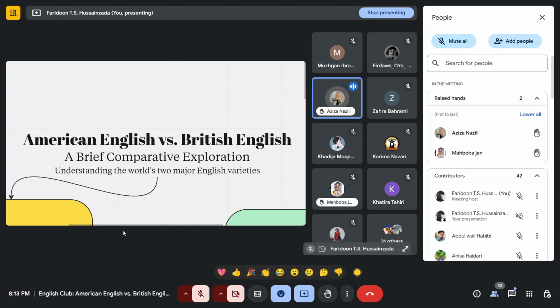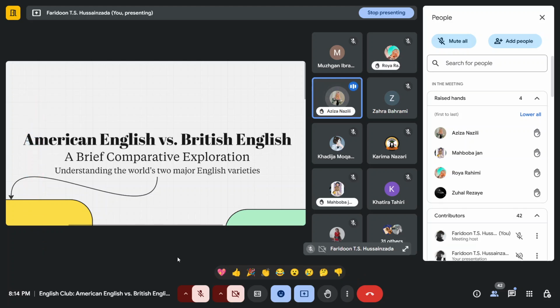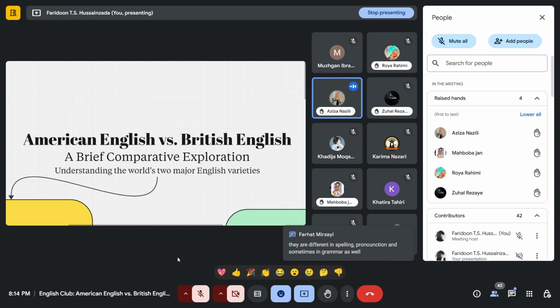And the other differences, I think some words are different. Like if we talk about sports, in American English we say soccer, but in British English we say football. And in verbs and other words, it is different. That is the information. I hope it is useful and enough.